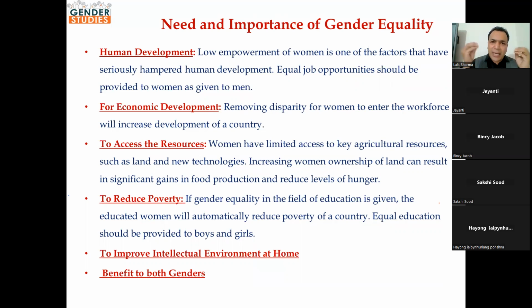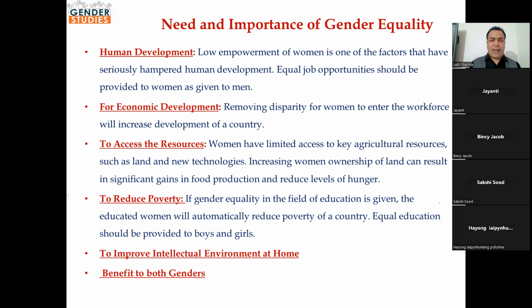You can check many offices, we will see the male staff would be over there. In higher positions, males are appointed, because we are not giving equal opportunity. Equal job opportunities should be provided to women as given to men, right?